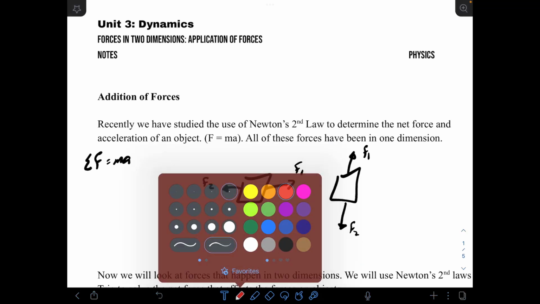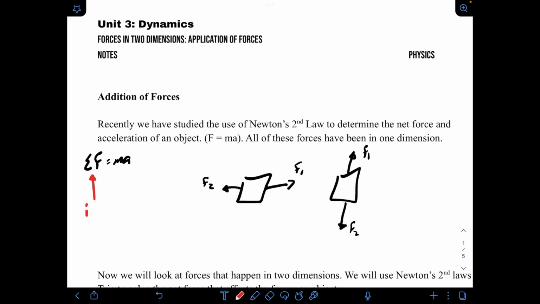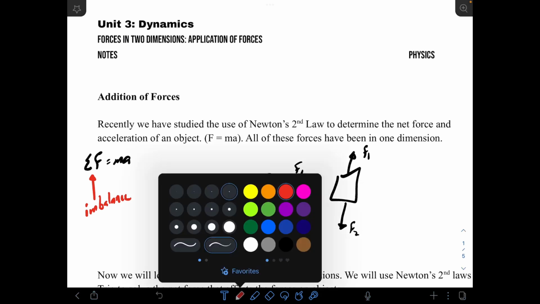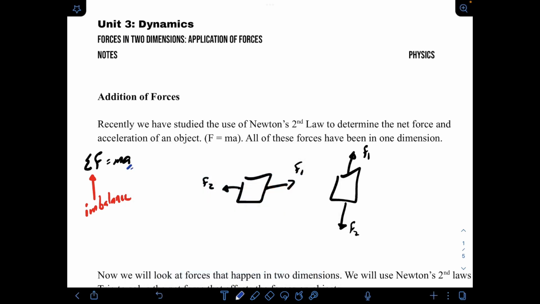And so what that means is if there's an imbalance somewhere, that means an acceleration must occur. And so that would be this guy right here, right? So as long as the net force is 0, there's no acceleration. If there is a net force, then the object does accelerate.